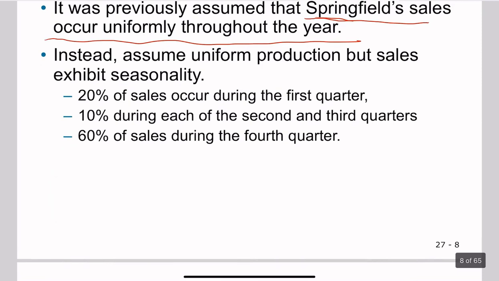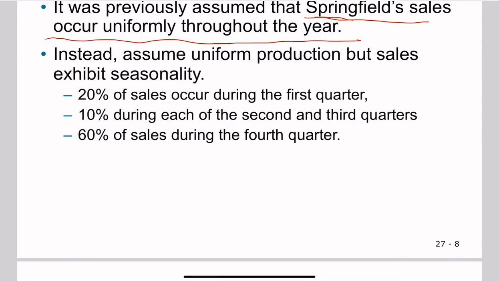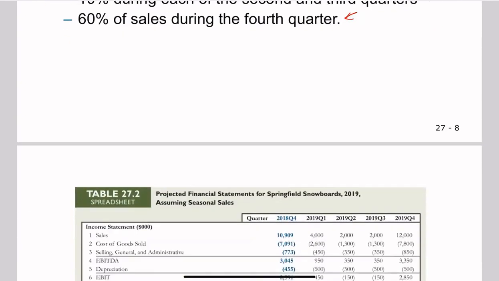So now we assume 20% of the sales occurred in the first quarter, and then 10% would occur in the second and third quarters, and then 60% will occur in the fourth quarter, right?